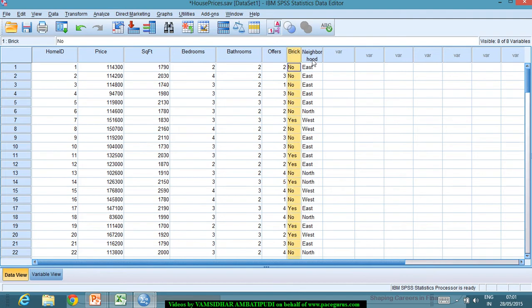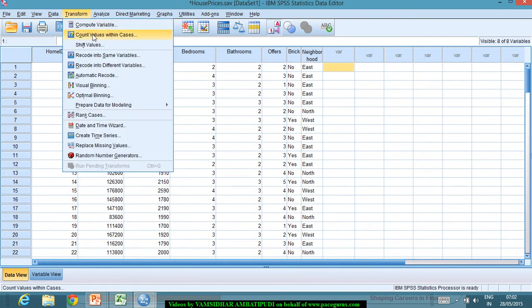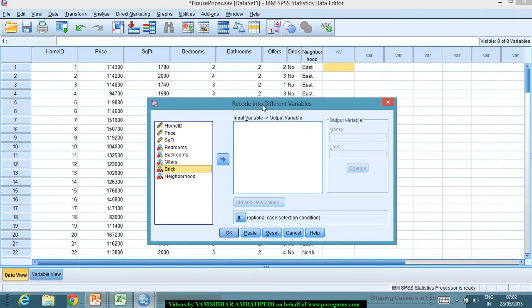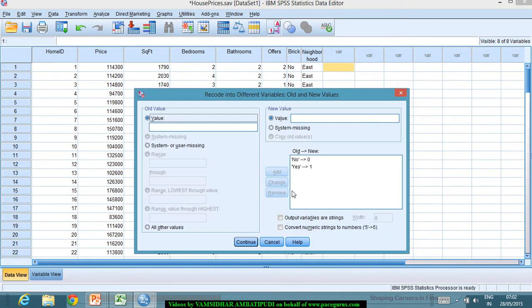If I have to convert these into numbers, one way is to use a compute or a recode into a different variable. I'll create a new variable using this brick, and I'll call it brick category. Another new variable I am creating, called brick category, wherein I am creating a set of values.